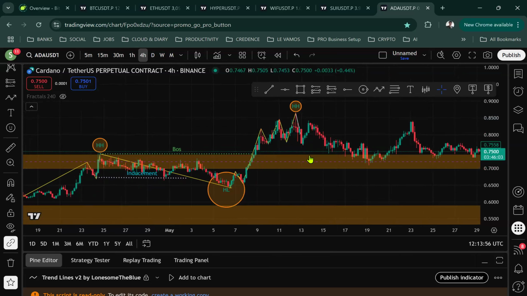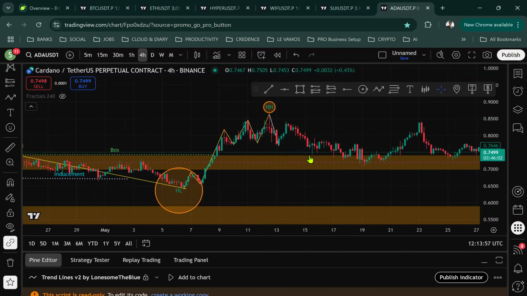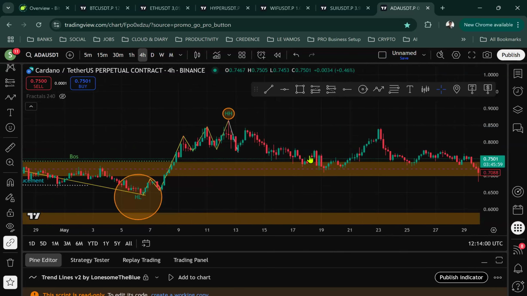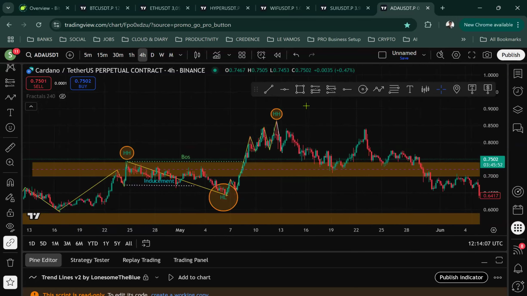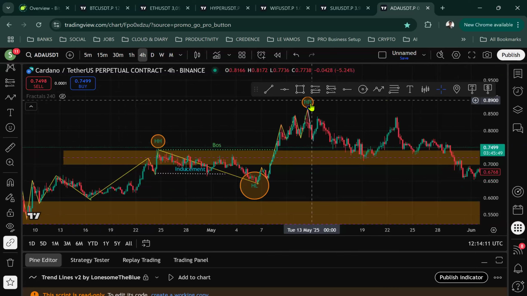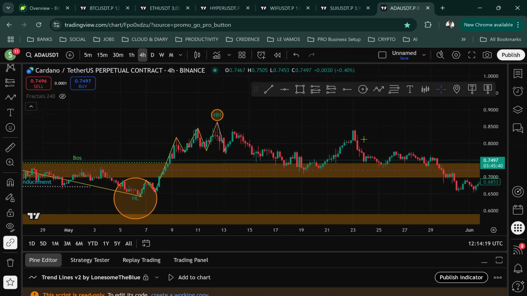Structure will help us to know what the trend is. Is it forming higher high or higher low? Up to here we are seeing higher high, which is right.